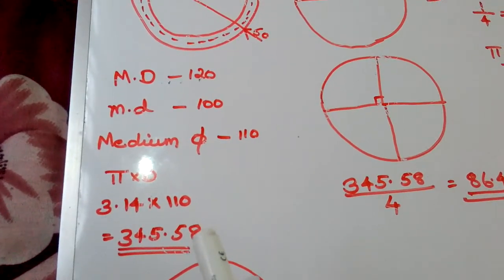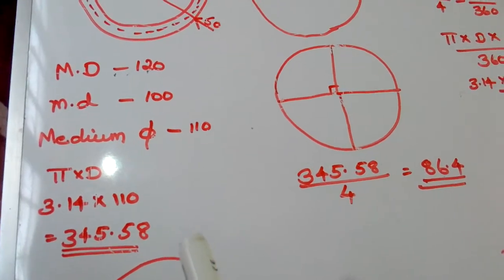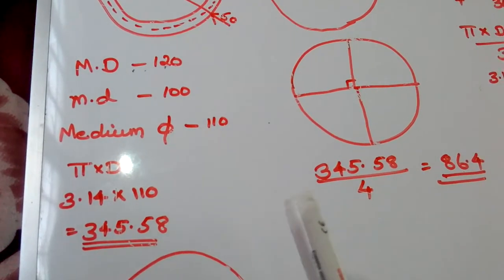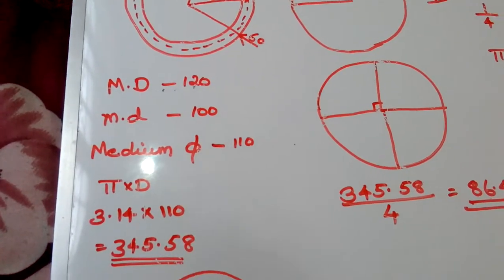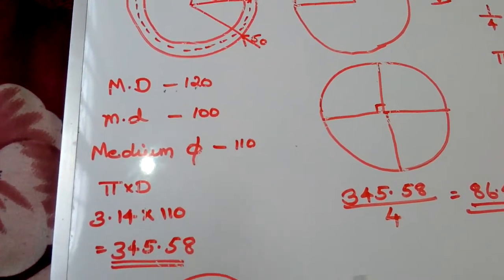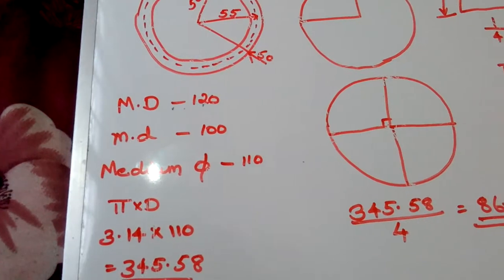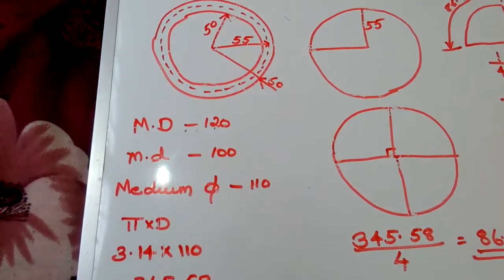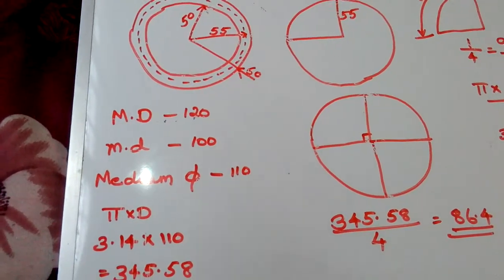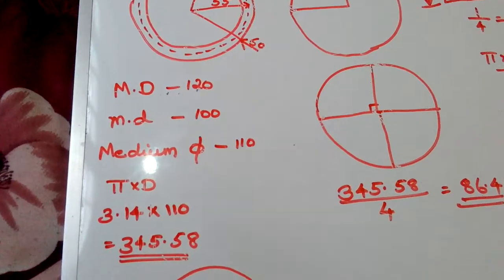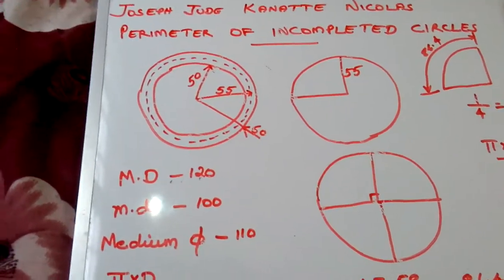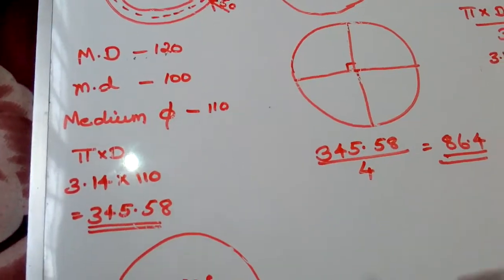I told you about development. Development is the former shape of a body which has to be made. Before rolling or bending or making its proper structure, it will have a shape. That shape is called development.